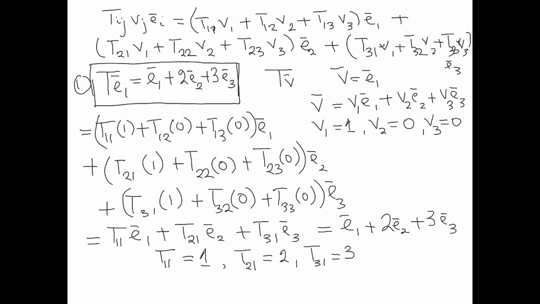You do that also for when V equal to E3. For that case, V1 will be 0, V2 will be 0, V3 will be 1. And for that, you will get T13, T23, and T33. And you will get your full 9 components in that, your tensor, the matrix.